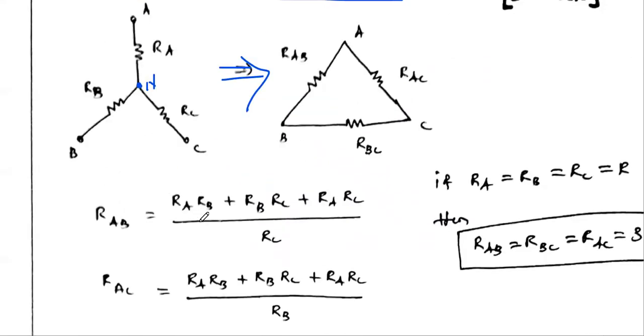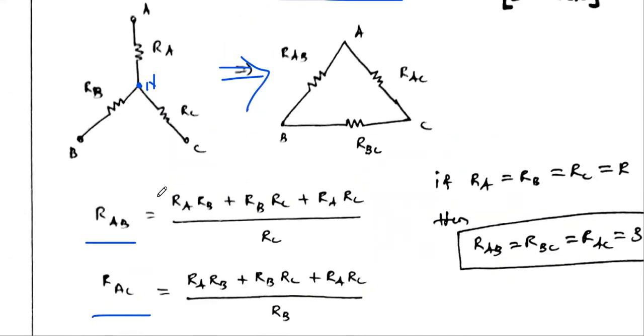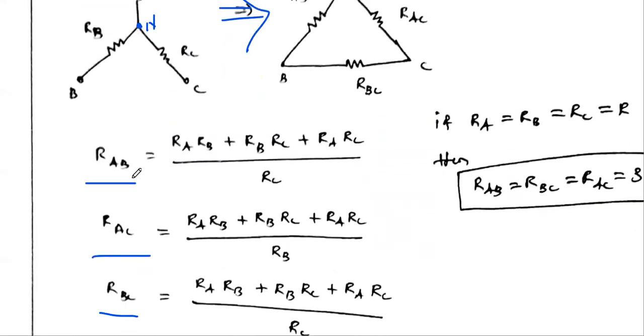So you see, RAB, RAC and RBC are calculated by multiplying. In these three equations, the numerator remains the same: RARB plus RBRC plus RARC. The denominator will differ.